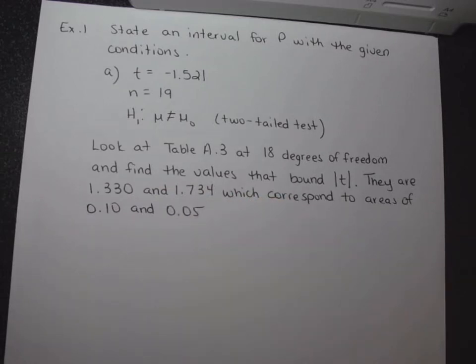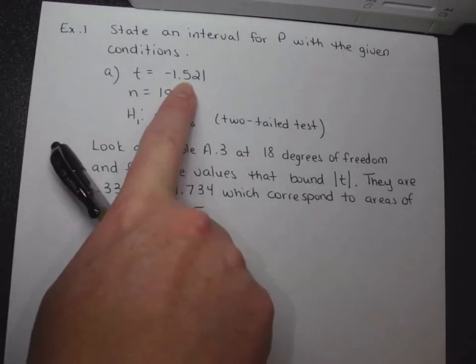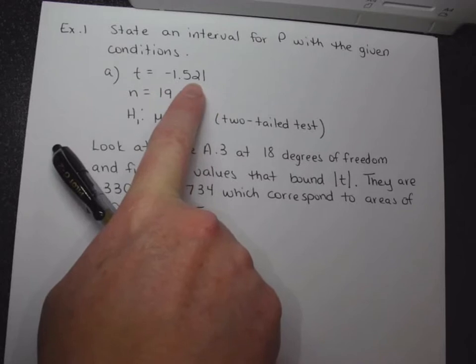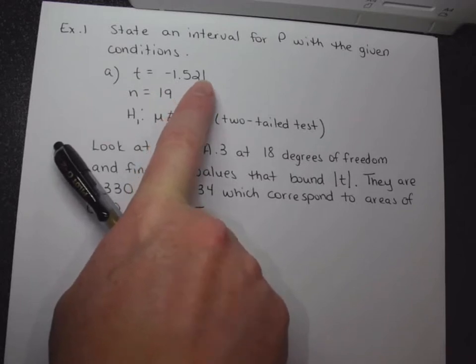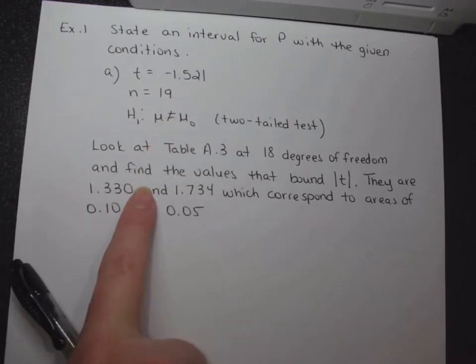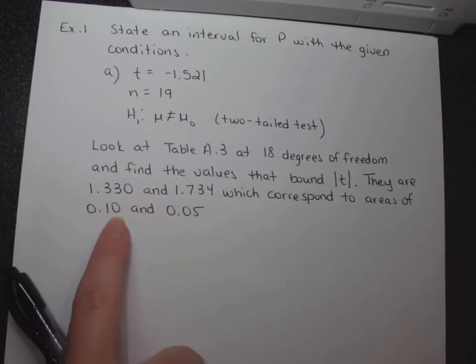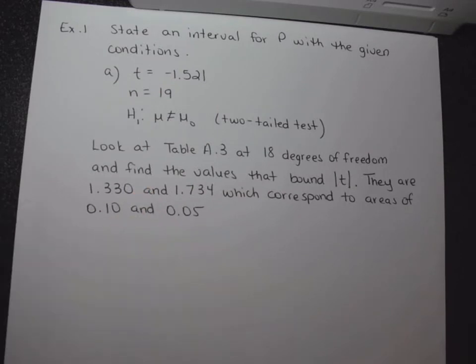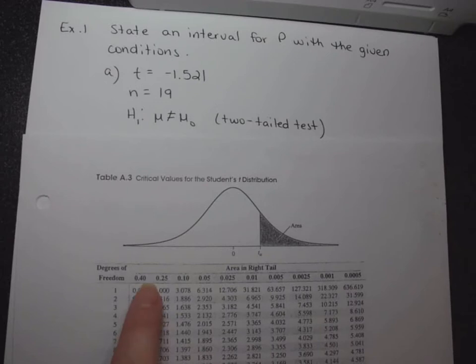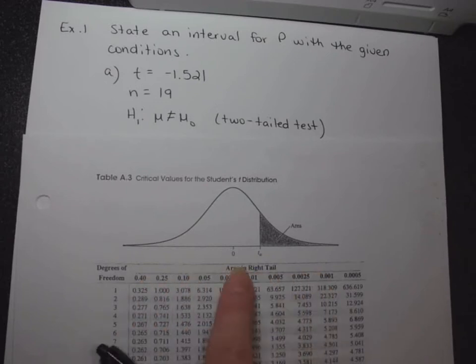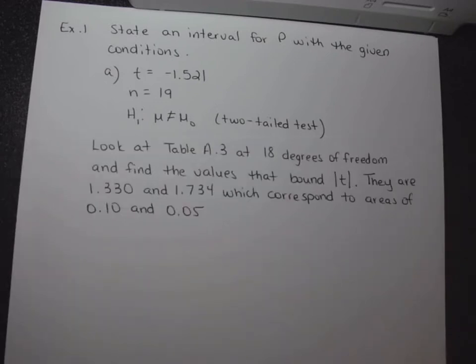If you don't know where I got that, you need to pause the video and look at your chart. We're looking at the row of 18, and we were looking to lock in this 1.521. Find the number above it, find the number below it, which were these two, if we ignore the negative sign, which we have to do. And then you look up top at this row to figure out what the area in the tail was.